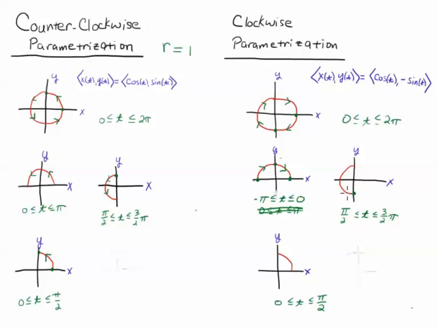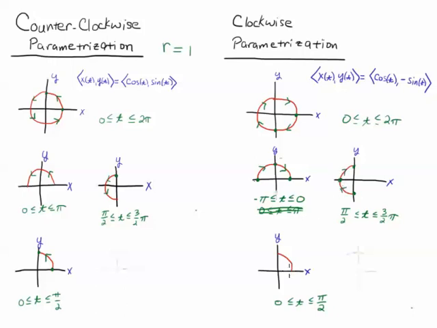Now let's work our way up a quarter of the way, and that would get us to pi, and then the cosine of pi is minus 1 and the sine of pi is 0, so this seems to be working. And then similarly, if we have 3 pi over 2, then the cosine of 3 pi over 2 is 0. The sine of 3 pi over 2 is minus 1. Minus minus 1 gives us a 1. And this all seems to work out.